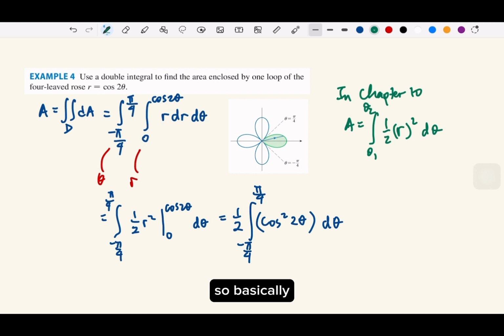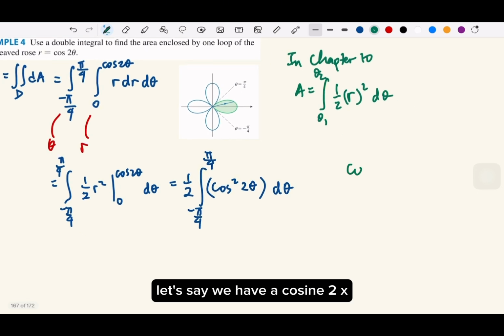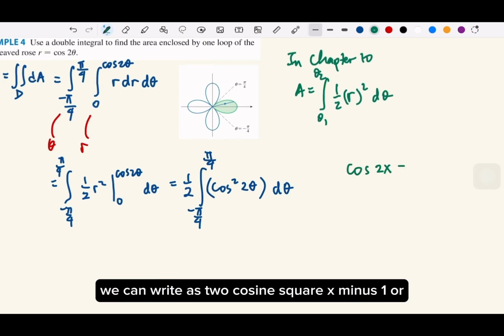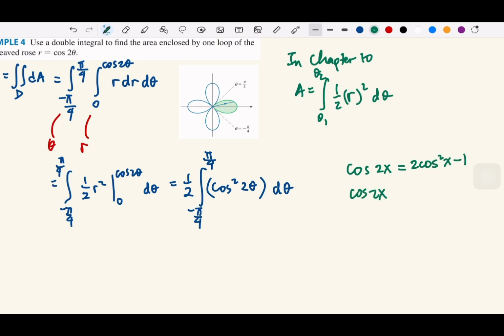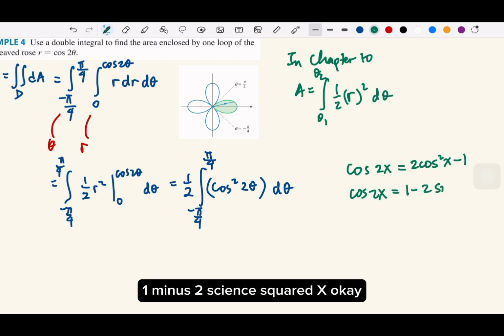So basically, let's say we have cosine 2x, we can write it as 2 cosine squared x minus 1 or 1 minus 2 sine squared x. So here we have cosine squared 2 theta, so we have cosine 4 theta.